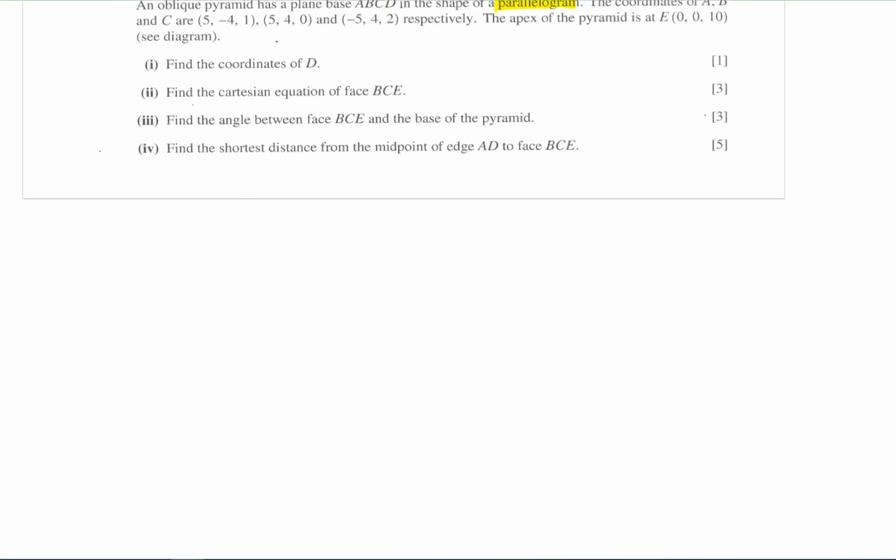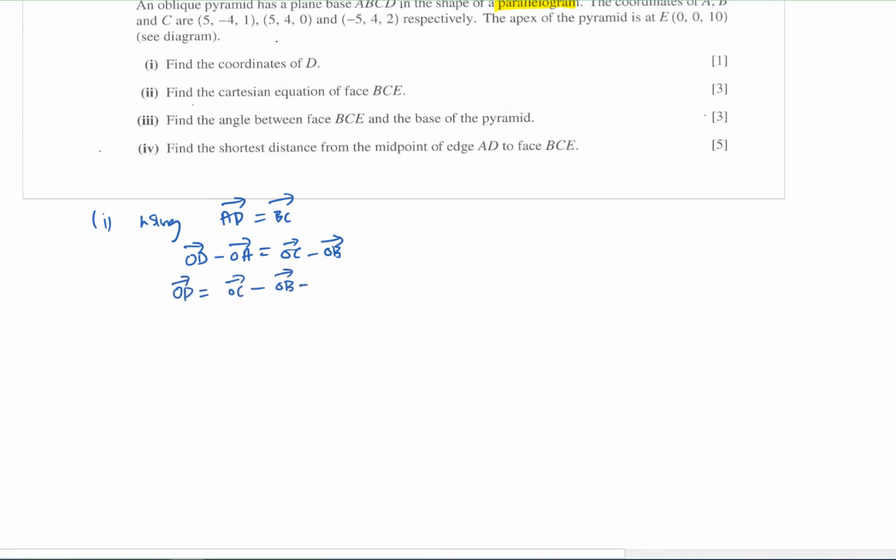I think you should be able to do this one. Using vector AD equal to vector BC, AD is OD minus OA, equal to OC minus OB. My aim is to find OD. So OD will be OC minus OB plus OA.